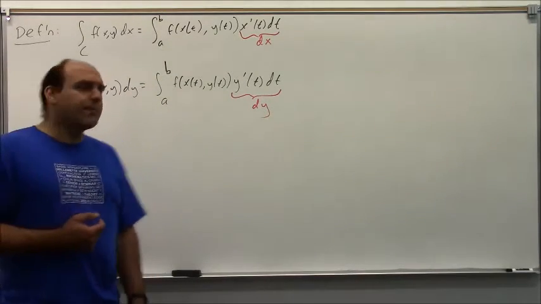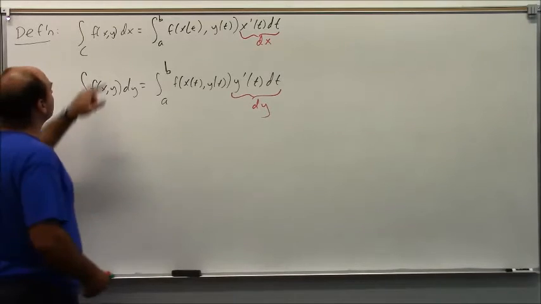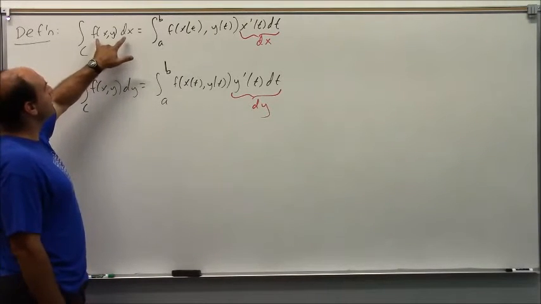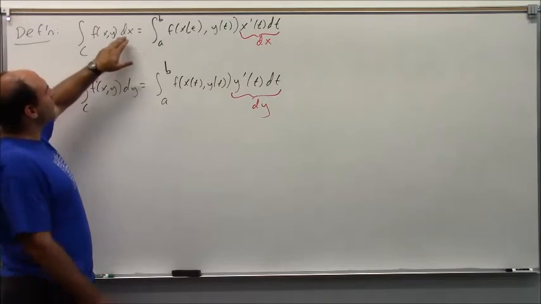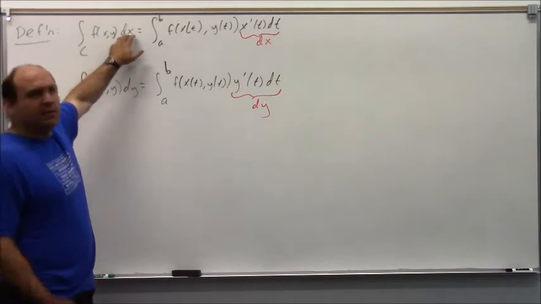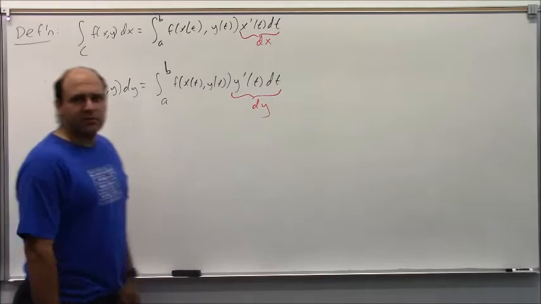What do they represent? Well, if I think about what this really means, this is telling me that when I'm doing Riemann sums, I want to take a width, delta x, and a height, f of x, y.